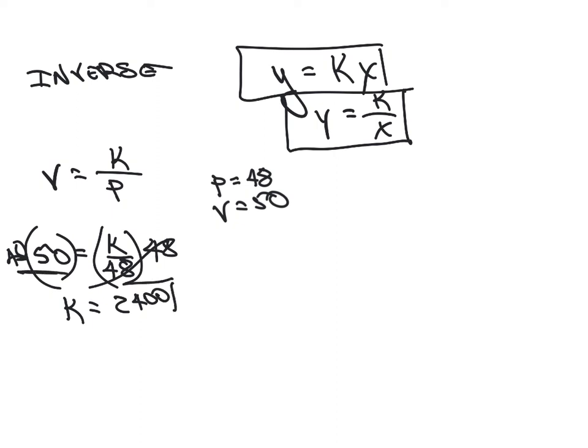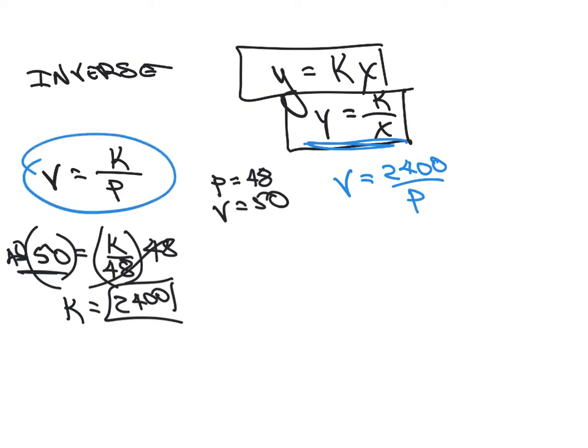So now I have my K. So now I can go back to my original equation right here, and I can write it as V equals K, 2,400 over P. Now I have a K, I can write it that way.